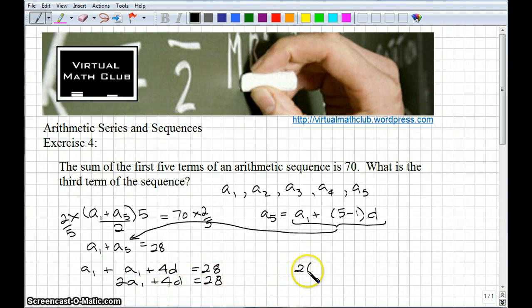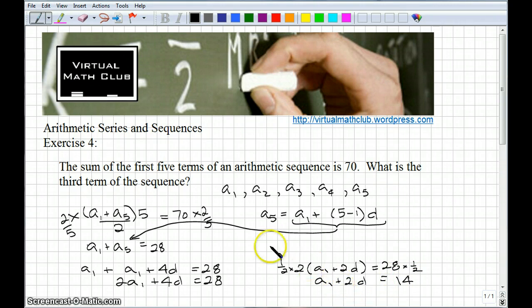So 2 times A1 plus 2D is equal to 28. And then I can divide both sides by 2, or take half of both sides. So multiply by a half, multiply this by a half, and then I get A1 plus 2D is equal to half of 28, which is 14.